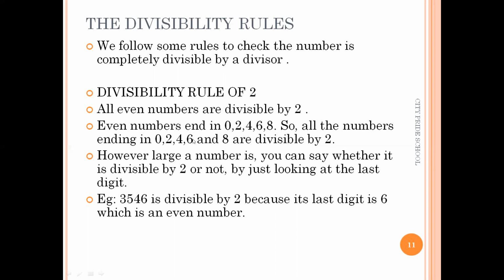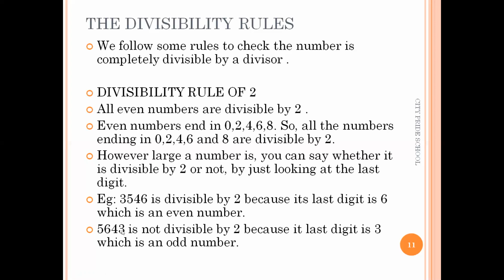As per the condition, if the ones place number is 0, 2, 4, 6 or 8, then it is completely divisible by 2. In 3546, the last digit is 6, which is an even number, so the whole number 3546 is divisible by 2.